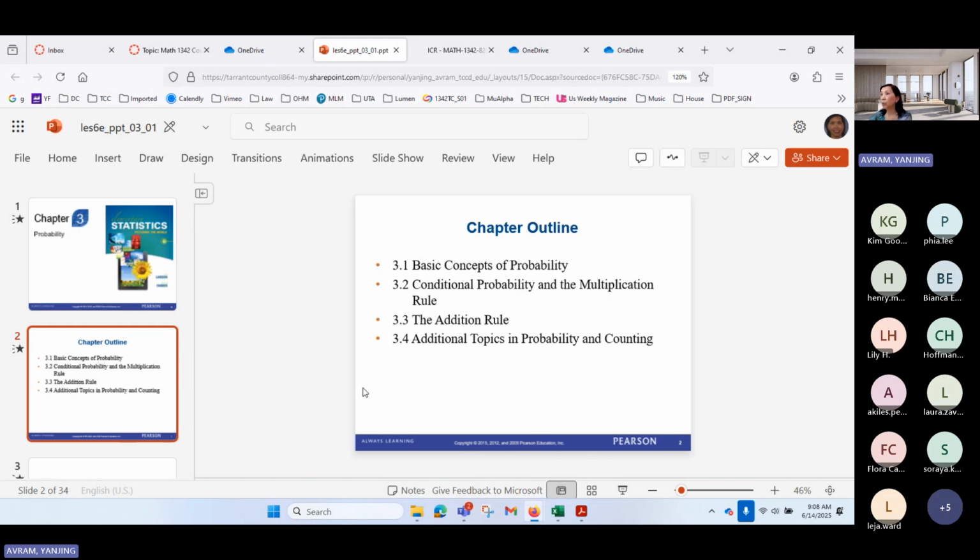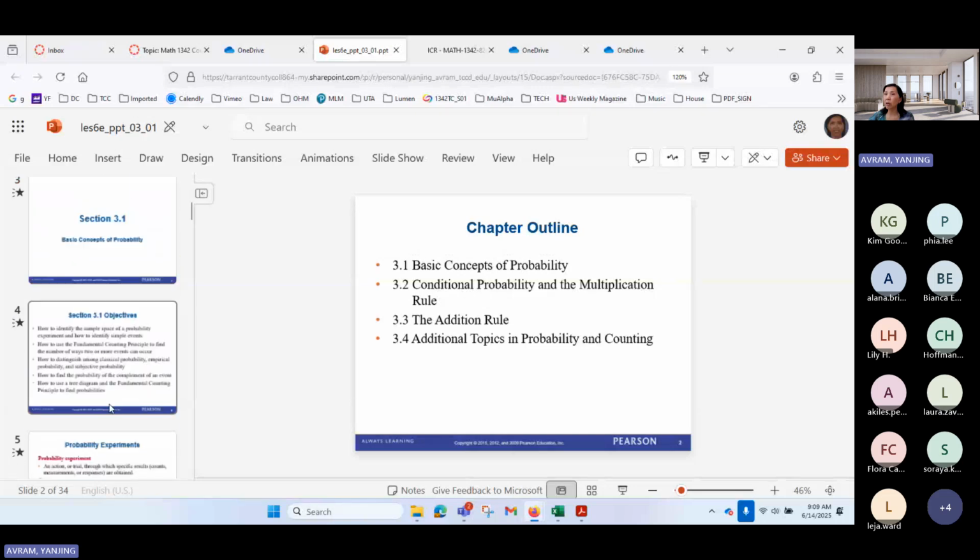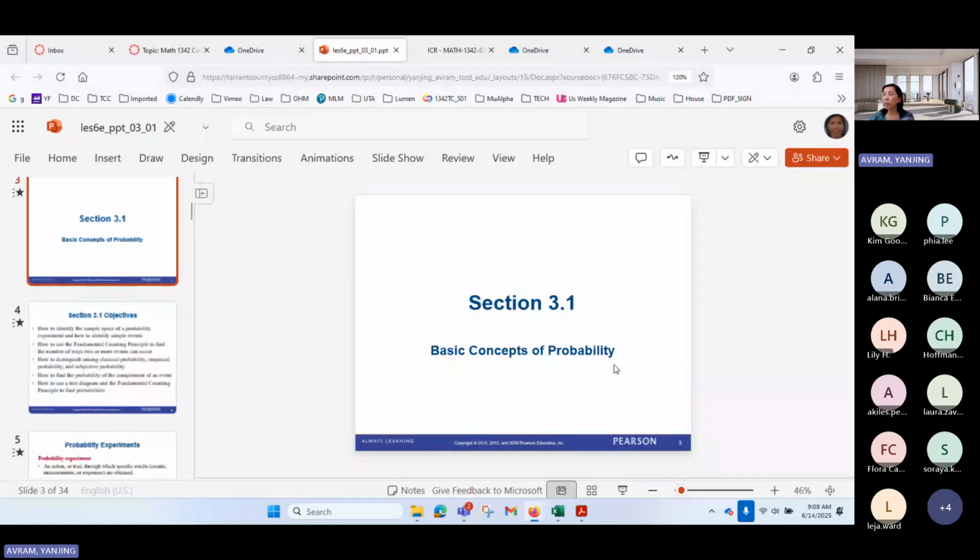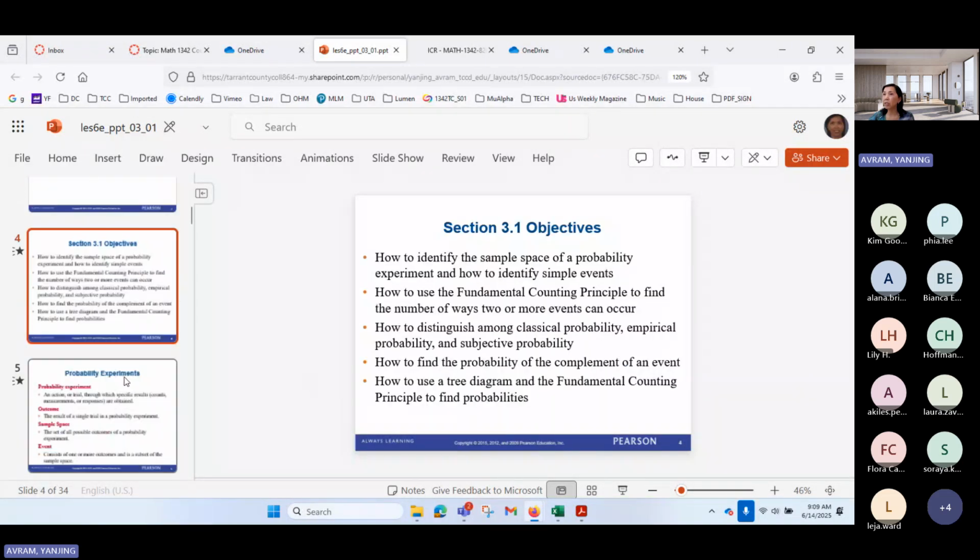If the chance of rain tomorrow is 0, that means it's impossible. Probability ranges between 0 and 1, where 1 is 100%. We do not use negative numbers for probability. When it's 0, it means impossible. That's the basic concept of probability.